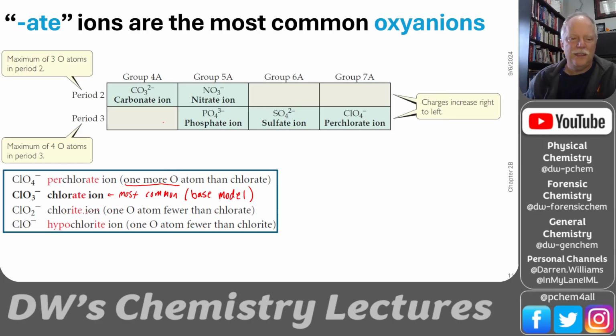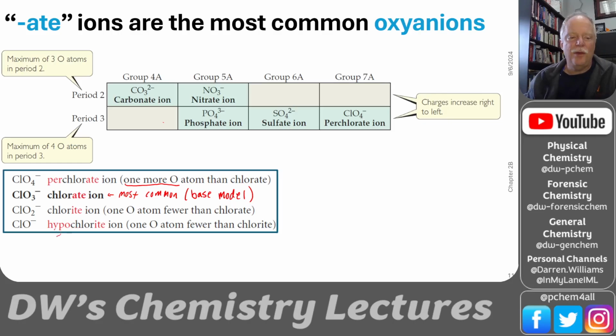The chlorite, okay, has one less oxygen. Notice how it went from chlorate to chlorite, and it's ClO2, not ClO3. That one, you're saving a little money. Maybe you have a bench seat instead of a console in the middle. It's not as much oxygen as the chlorate.